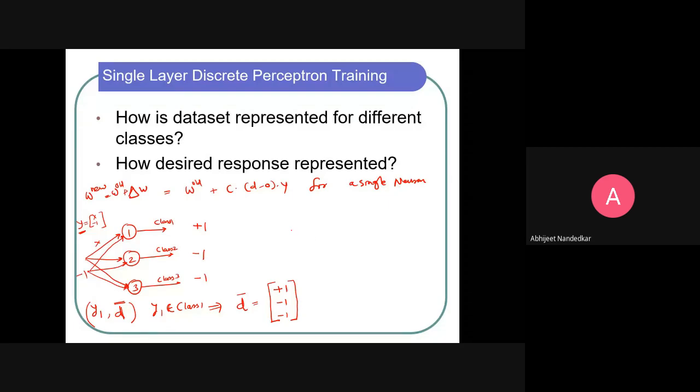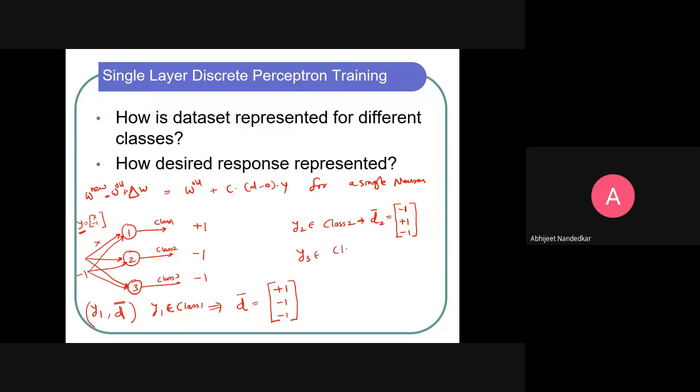Now suppose I have some other input y2 which belongs to say class 2. Then what will be the desired response? The desired response I will write as d2 bar equal to, now you see the change, I will require here -1, +1 at the second position, and then again -1 at the third position. Can you write on your own this third one?